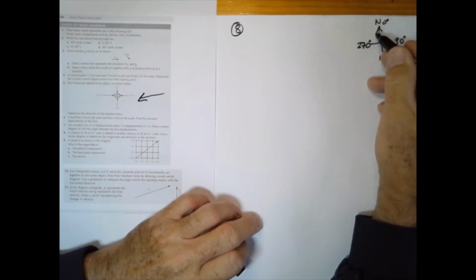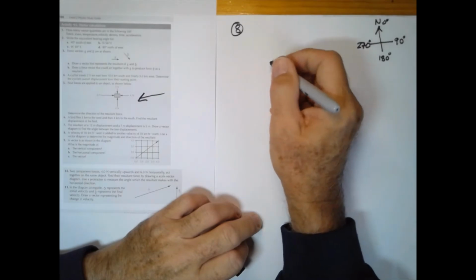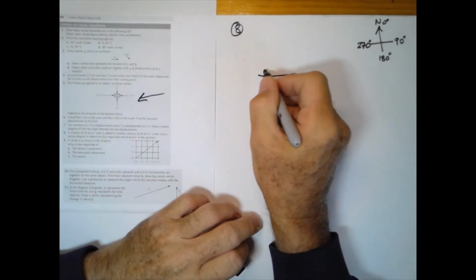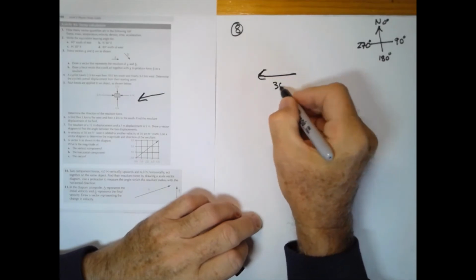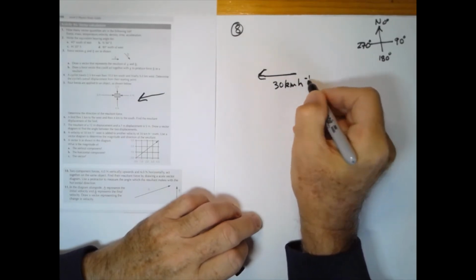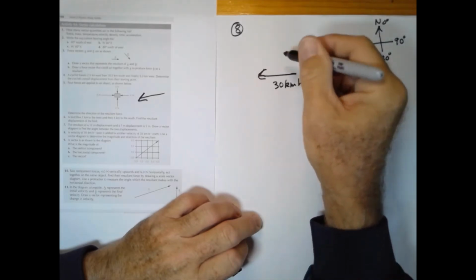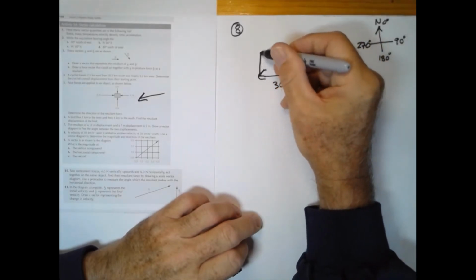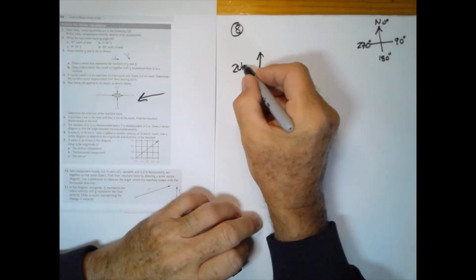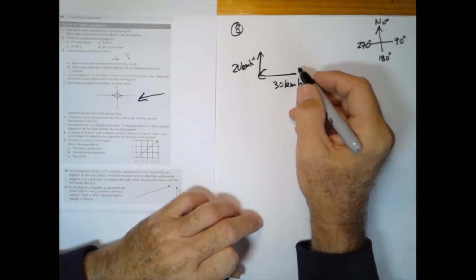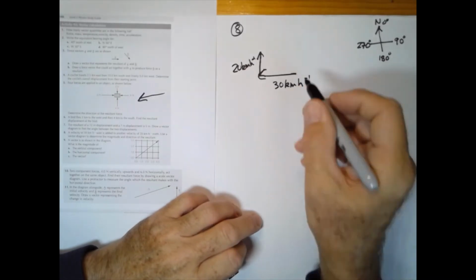Number 8, a velocity of 30 kilometers per hour west is added to another velocity vector 20 kilometers per hour north. These two vectors are added. Use a vector diagram to determine the magnitude and direction of the resultant.